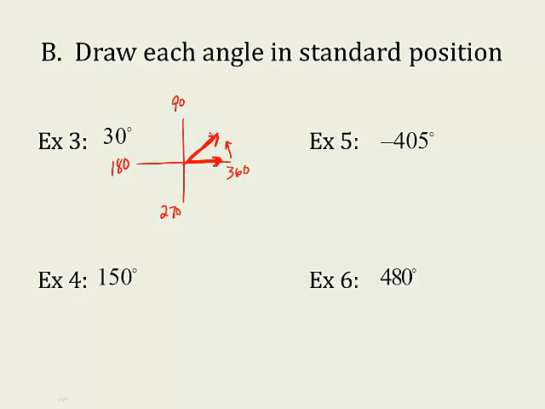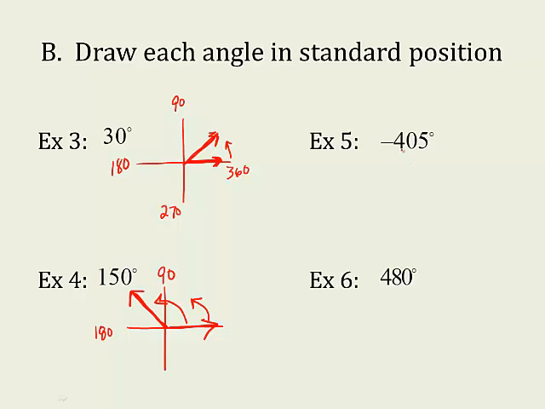So 30 degrees is about right there. Okay, look at example 4, 150 degrees, all right? Here's my initial side. It's positive, so it's going to go counterclockwise. If 180 is over here, 90 is here, I know it has to land somewhere in between. So I'm going to land it right there and make sure you show your direction with your angle.